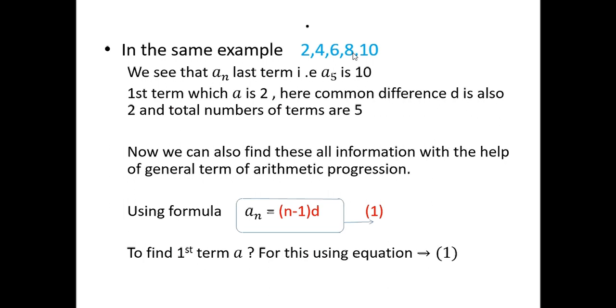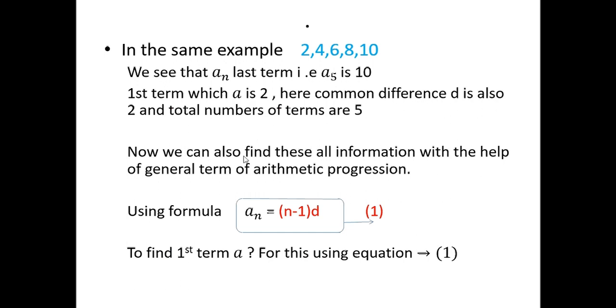So common difference is 2. Total number of terms is 5 and last term is 10. We see that an is the last term, that is a5, here 10. First term a is 2, common difference d is also 2 and total number of terms is 5.